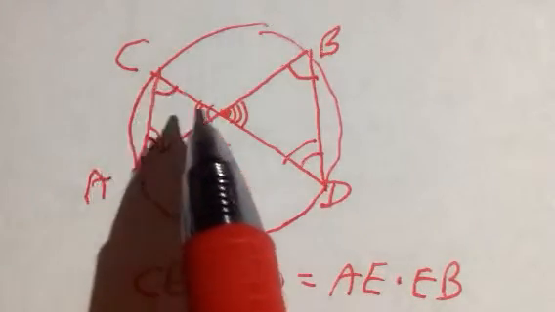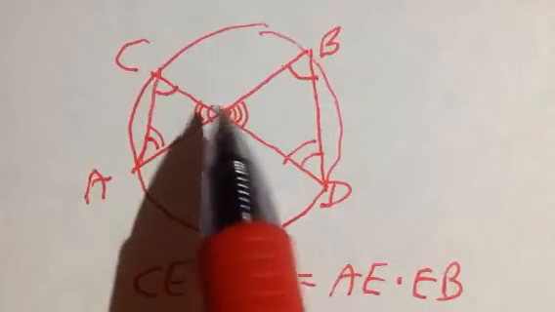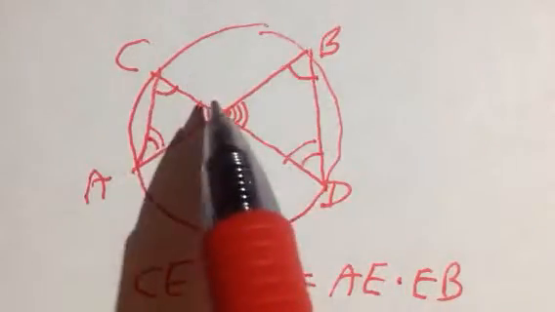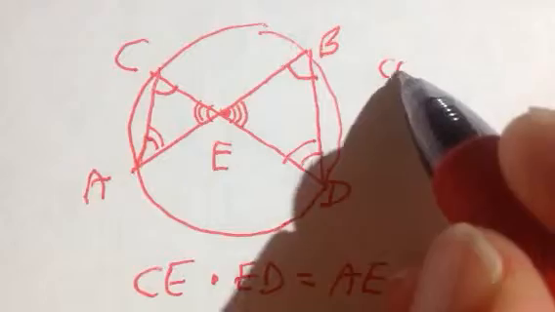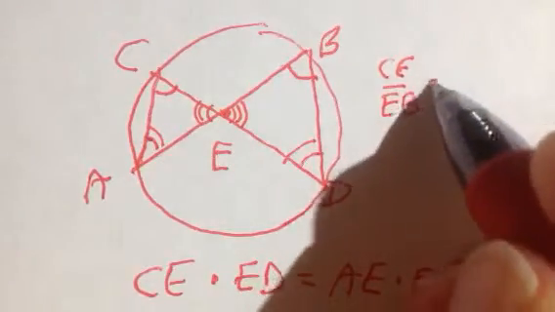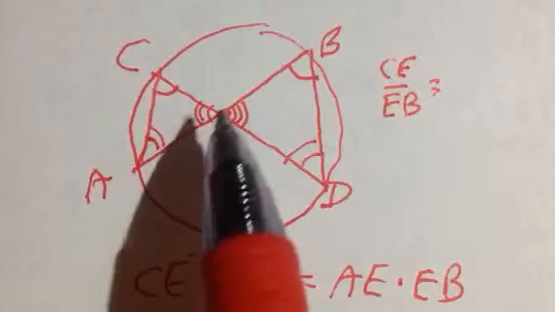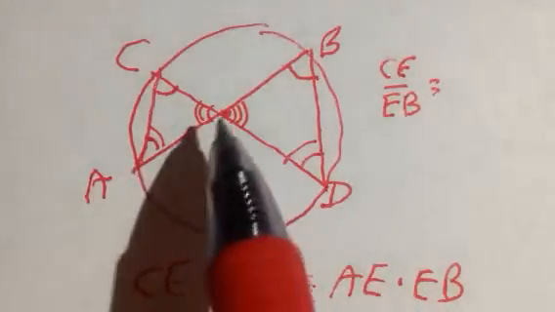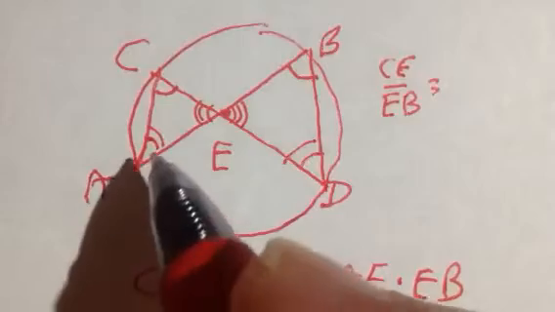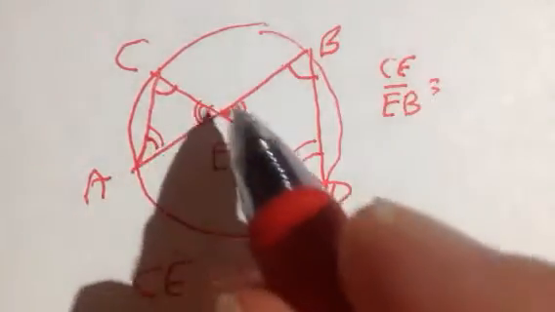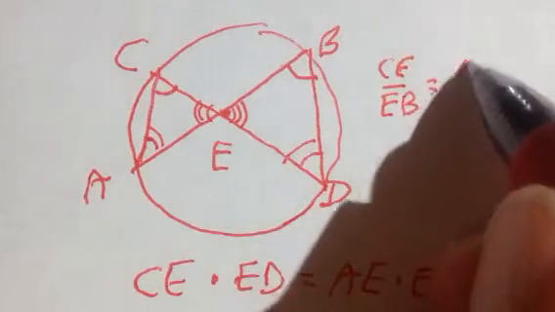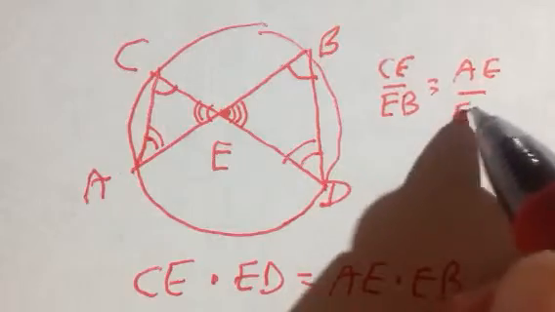So we can create a ratio between this angle and this angle, which is going to be this side, similar to this angle and this angle, so we know that the ratio of CE to EB is going to equal the ratio of AE to ED, because that's the side between the two-notched and the three-notched angles. We have to make sure we have our sides correct.